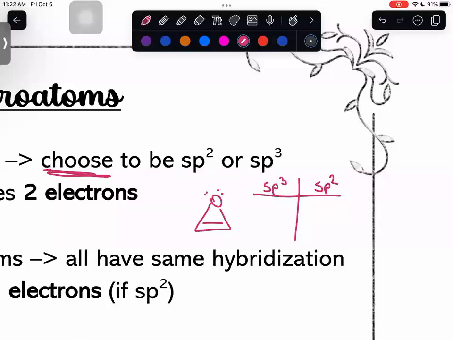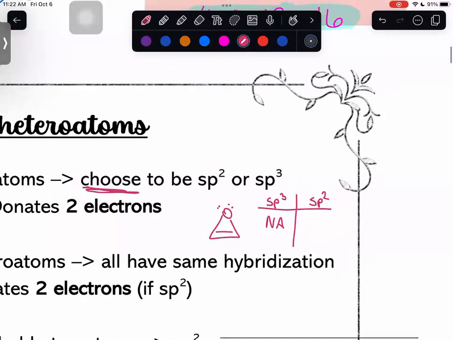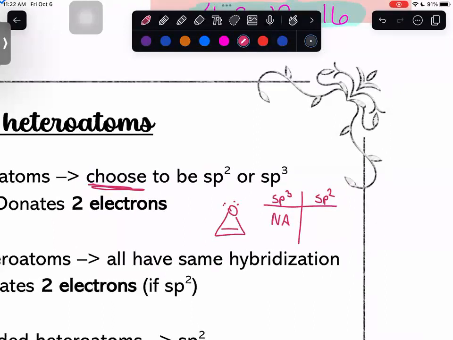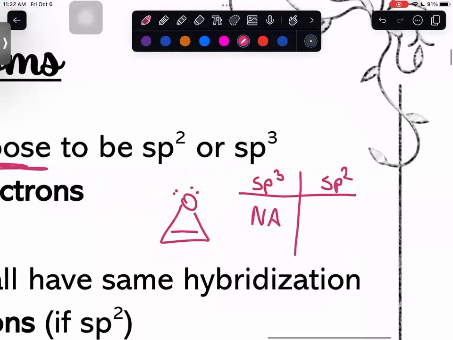Now the molecule is still cyclic, still planar, but if it's sp3, would it be fully conjugated? No. So what kind of system do we have? Non-aromatic. Thank you.